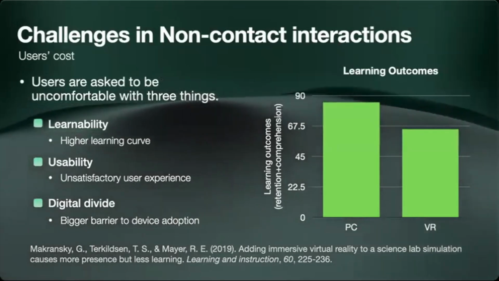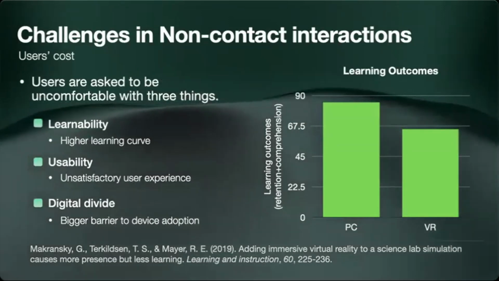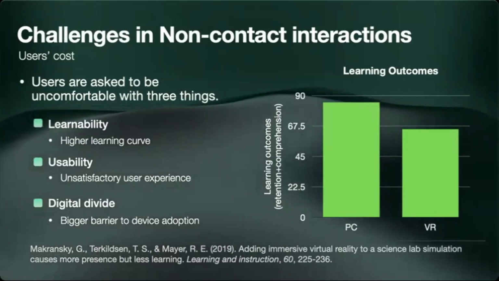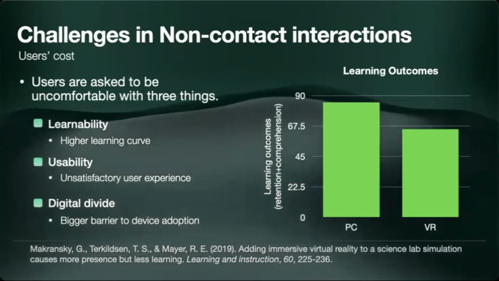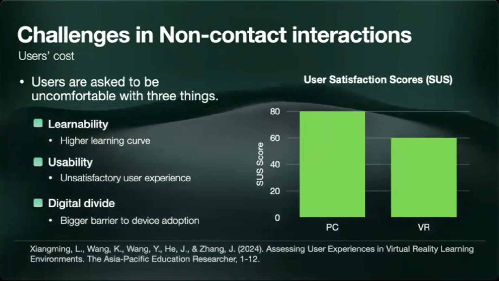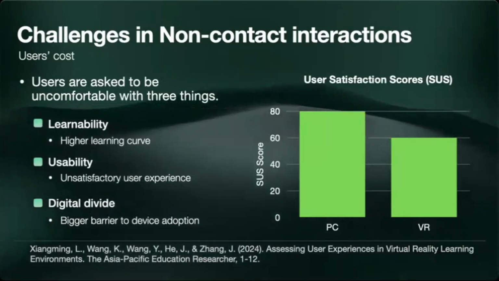This 30-point gap highlights the difficulties users face in mastering VR systems, which demand more time and effort to achieve the same level of proficiency. Addressing this steep learning curve is critical for improving the effectiveness of VR as a learning tool. And second, the user experience is often not yet satisfactory enough in terms of usability.